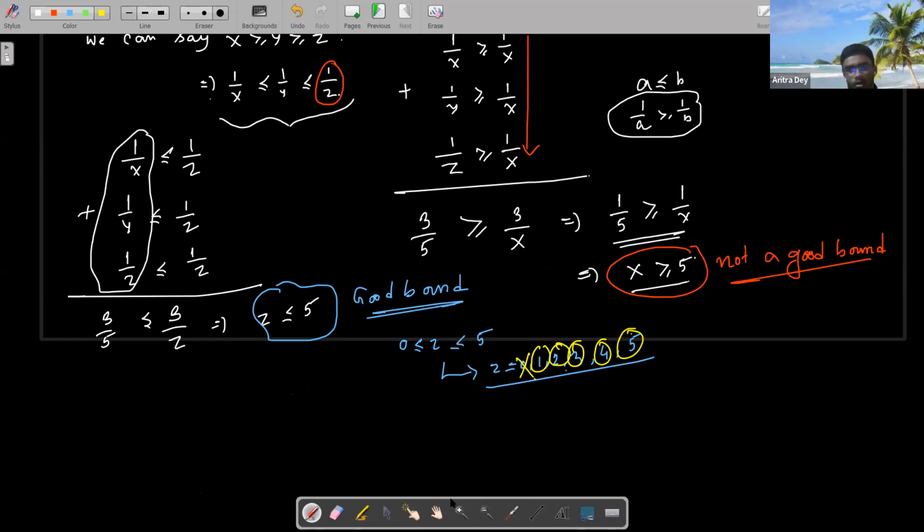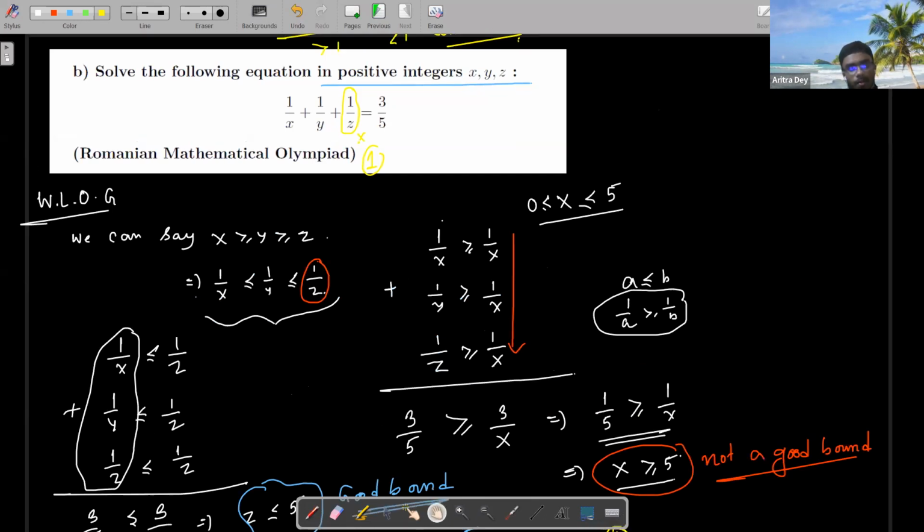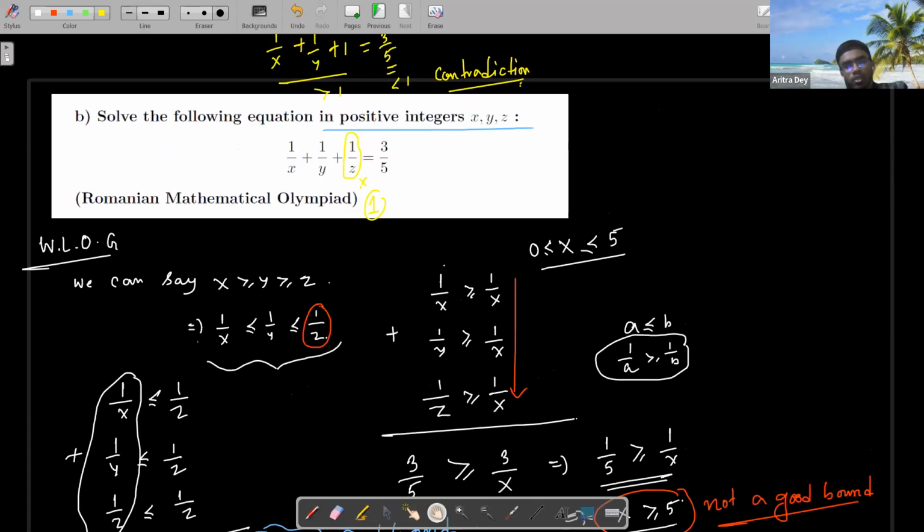If we take 2, I think there is some problem. So suppose I take z equal to 3. How to proceed further?